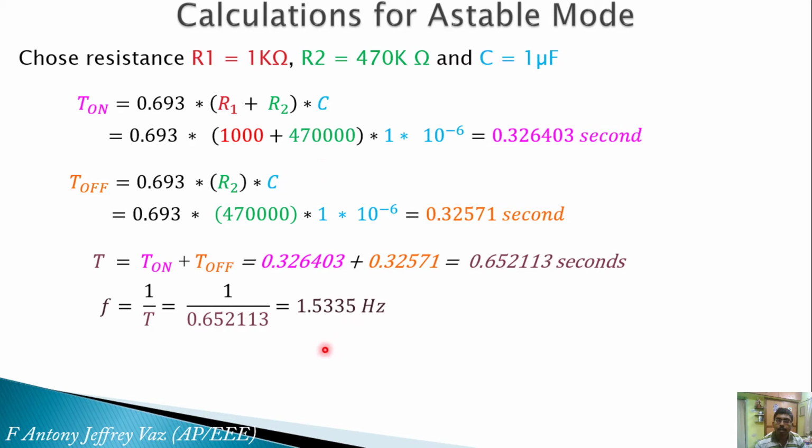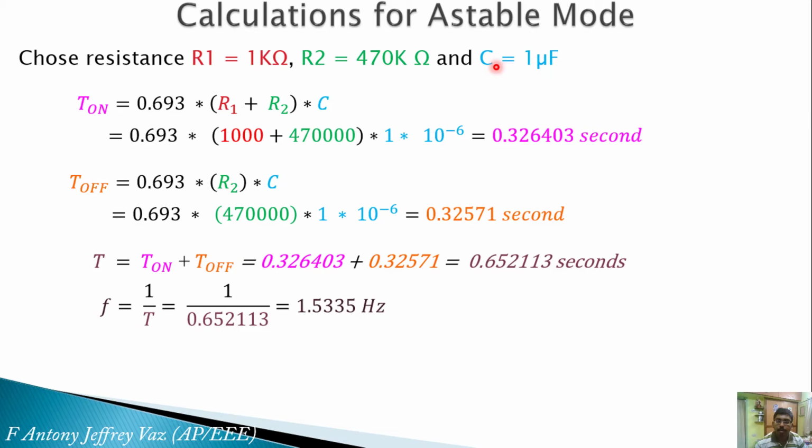Then we can substitute the resistance and capacitance in the equation and get a 10 kHz waveform. There are several online calculators to find these frequencies from the values of R1, R2 and C. You can browse the internet and find these online calculators.